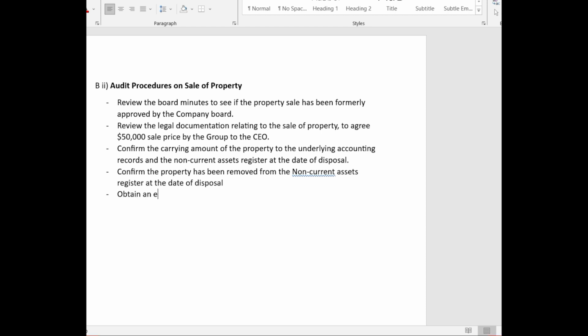Obtain an estimate of the fair value of the property, right? What is this for?